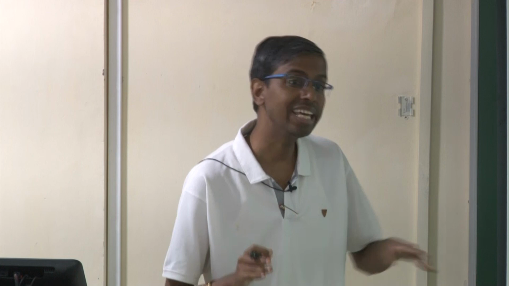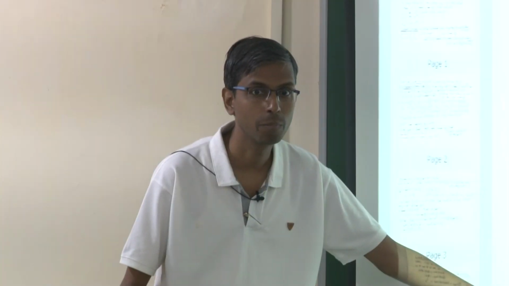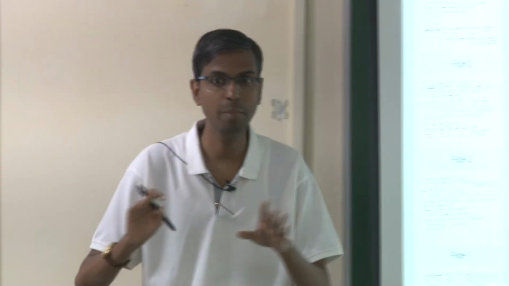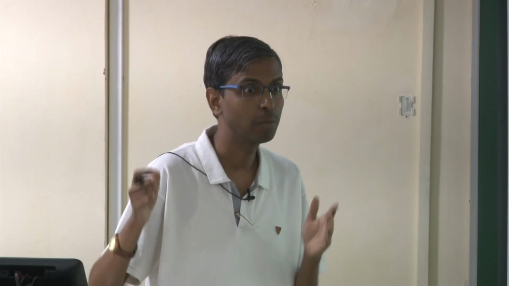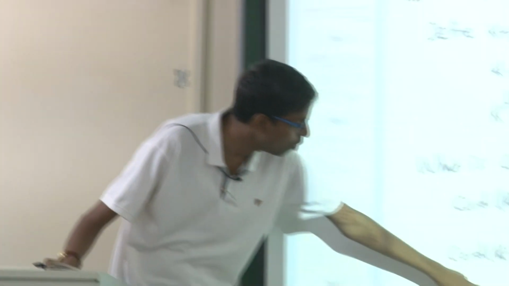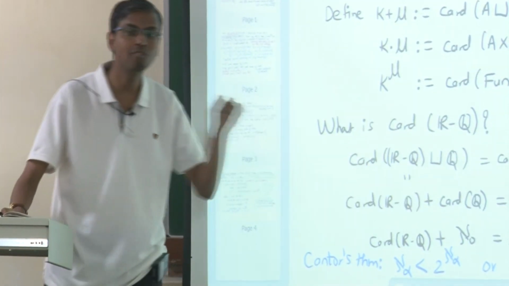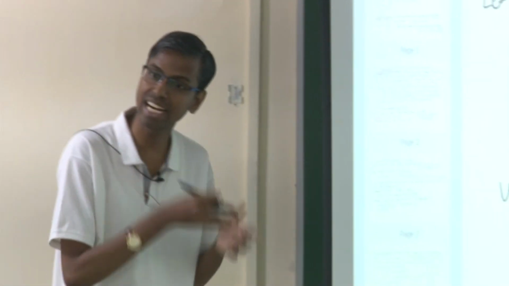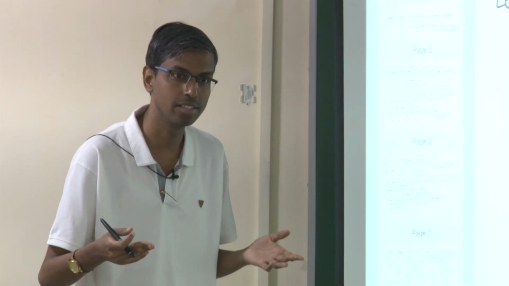And can it be bigger? Obviously not. If A is a subset of B, then the cardinality of A must be less than or equal to the cardinality of B. You are supposed to prove this in the assignment. So the cardinality of this number is less than or equal to 2 to the aleph naught, and if it is strictly less than, then that is a contradiction.